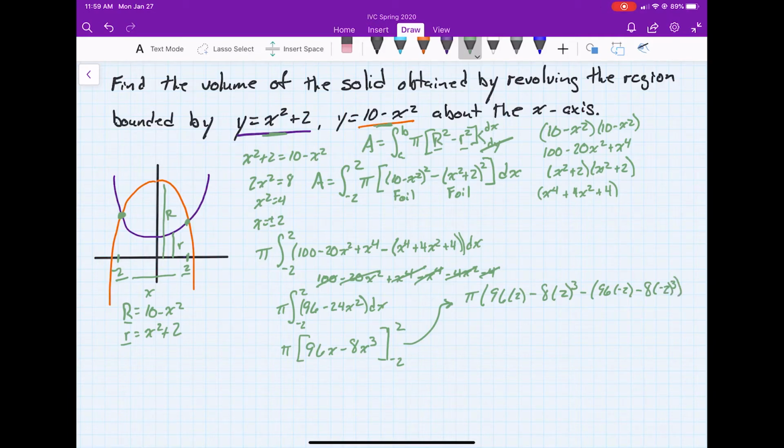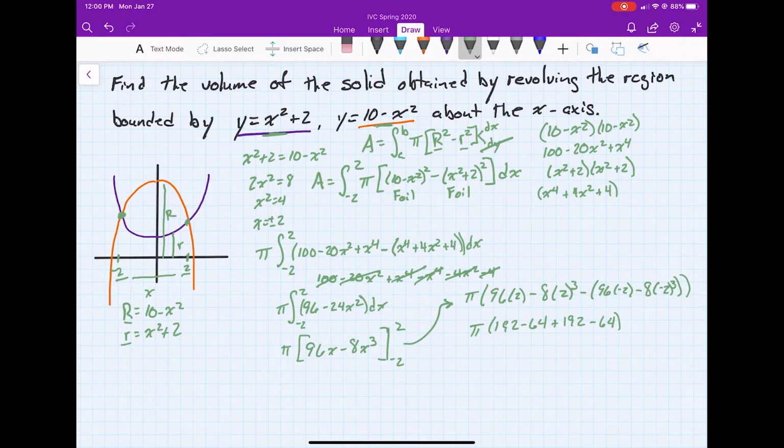Close all that up, and now we'll simplify all of this, which looks like a mess, but we got pi, 96 times 2, I get 192, and this is going to be minus 64, and then this is going to end up being a plus 192, and then a minus 64.